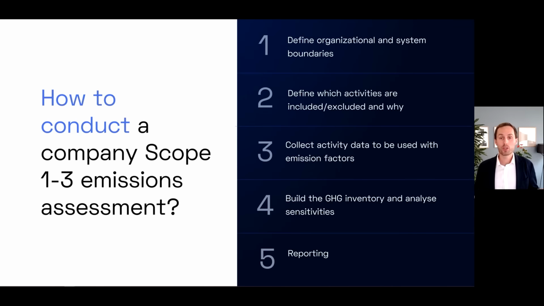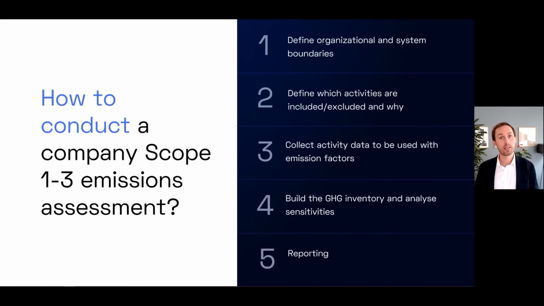First of all, to conduct a company scope 1, 2, and 3 emissions assessment, the company needs to define its organizational and system boundaries. This means, what are the emissions that a company needs to account for? This needs to be defined. What activities should be included in this greenhouse gas inventory, or what activities are not included, so are excluded?